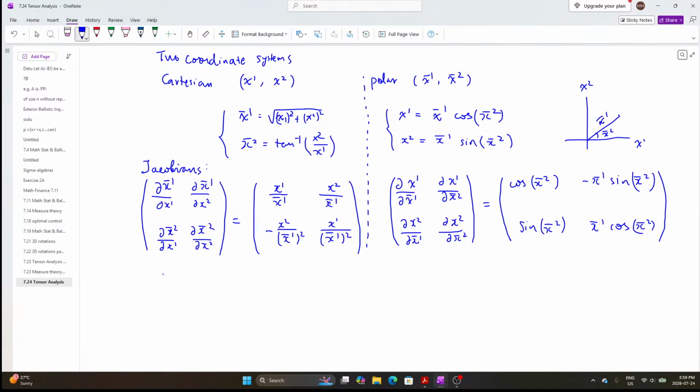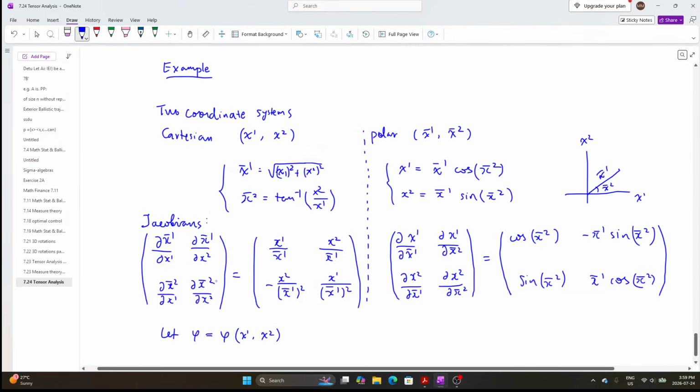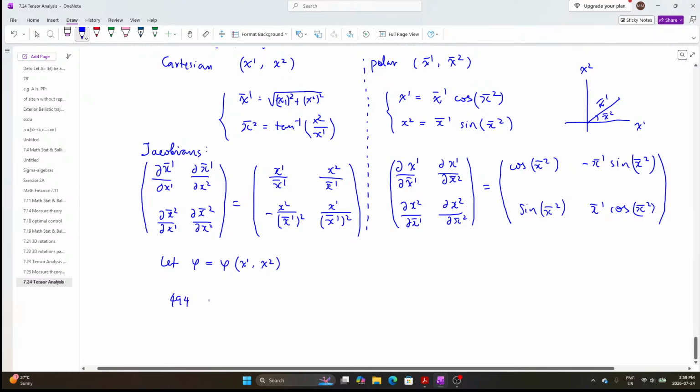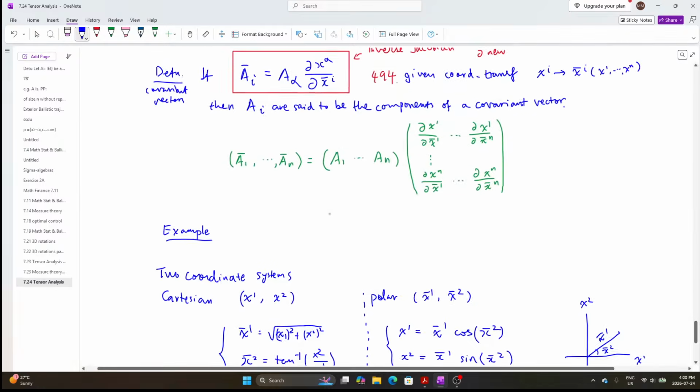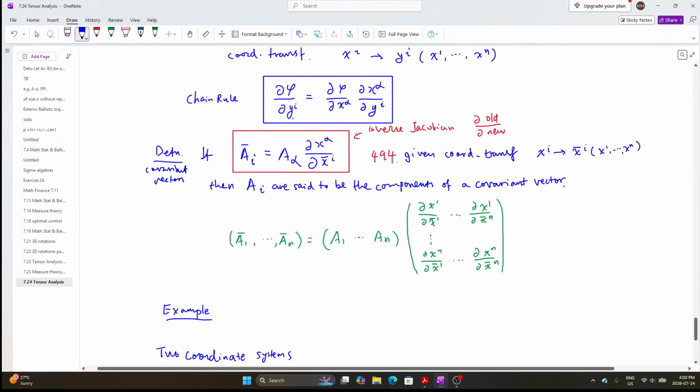Suppose phi equals phi of x1, x2. What does the transformation law, equation 494, say? It says d phi over dx.